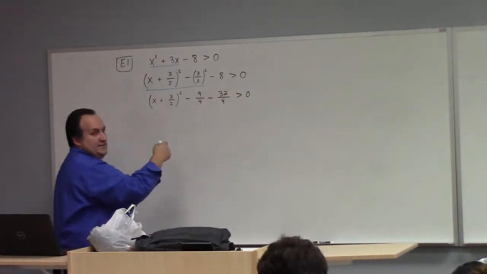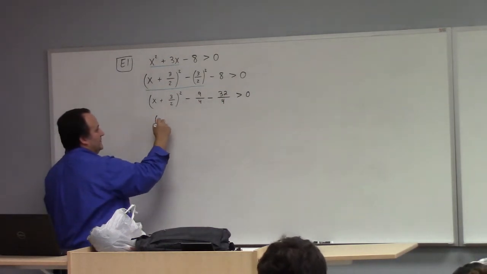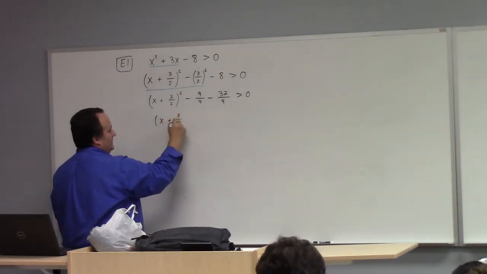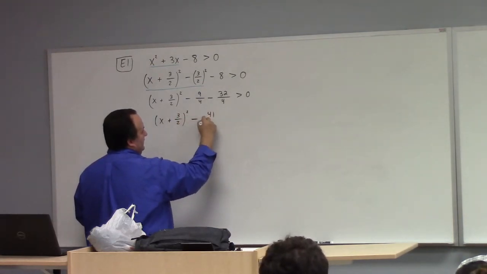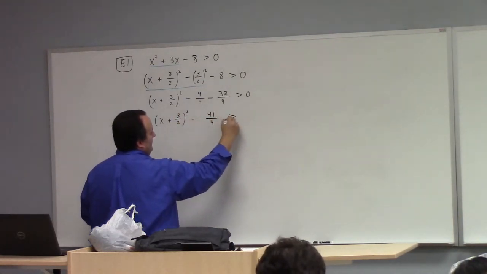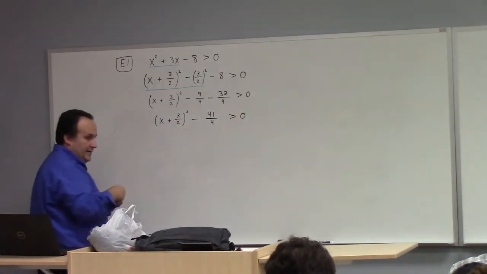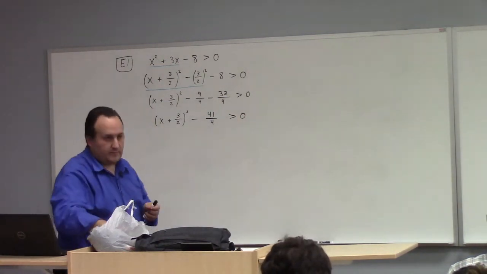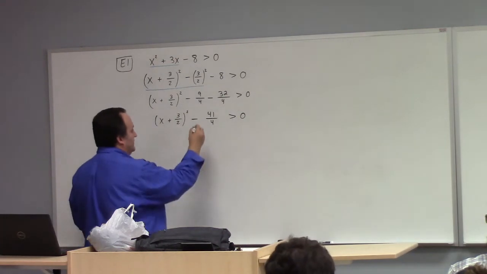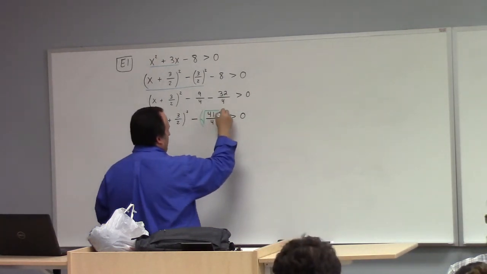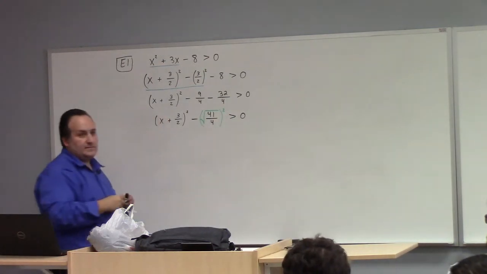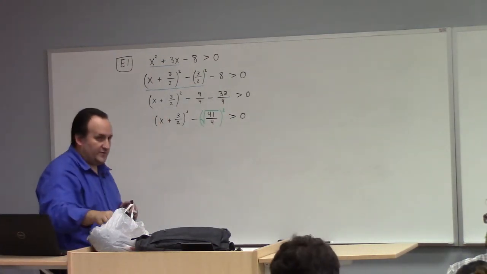So we can combine these, and we get x plus 3 halves squared minus 41 over 4 greater than 0. Now, use your imagination here. We want to rewrite that as the square root squared of that. The reason being that we can factor using the difference of squares formula.